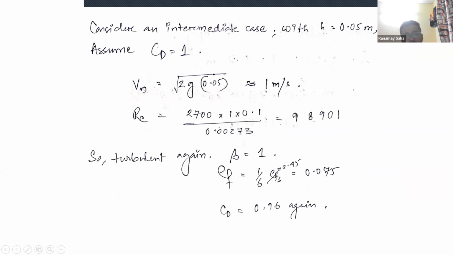In the same way, we have reiterated it: find the velocity, find the Reynolds number, corresponding beta, corresponding EF from the graph of EF versus A2 by A1, which I've shown you. Then you find CD is 0.96 again. What does that mean? What is the Reynolds number here? It was almost equal to 98,000, much higher than 4,000. It is again the turbulent region, so we find CD 0.96 again. Can you see the trend? Whenever we go to a turbulent region, we find that CD is close to 1.